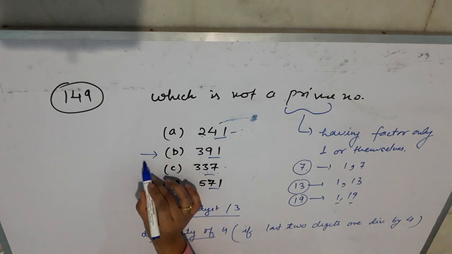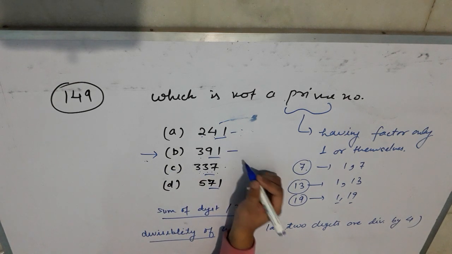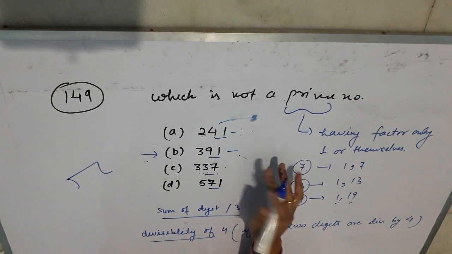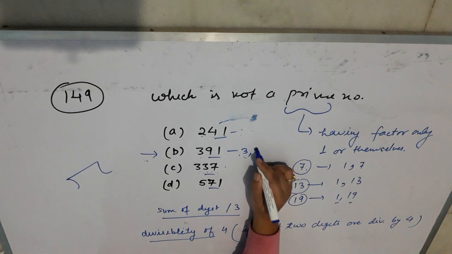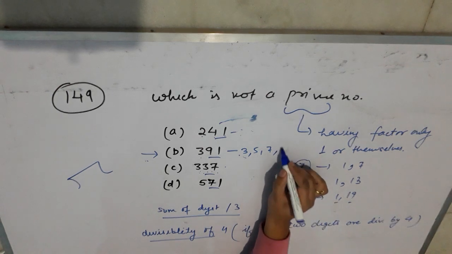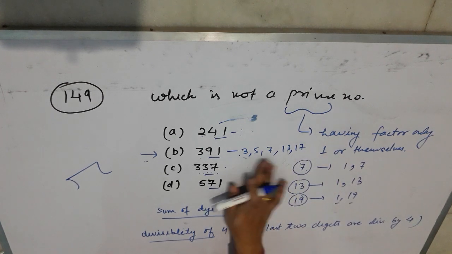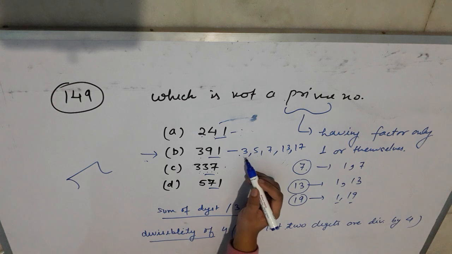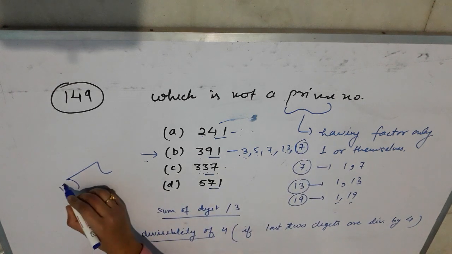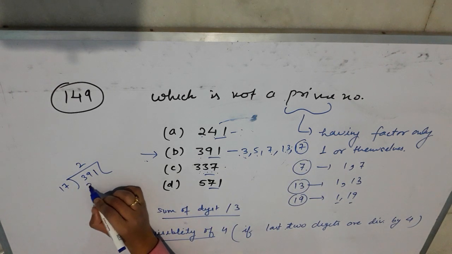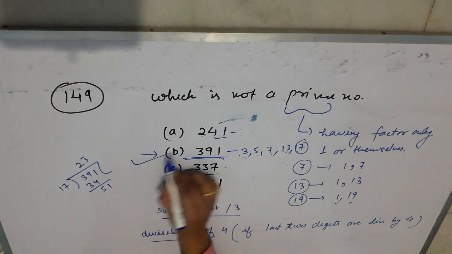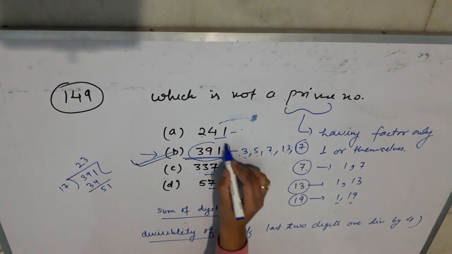If you check this number 391, and keep on checking by all the prime numbers like 3, 5, 7, 13, 17, then if you divide 391 by 17, it is divisible, which means this cannot be a prime number. So 391 is not prime.